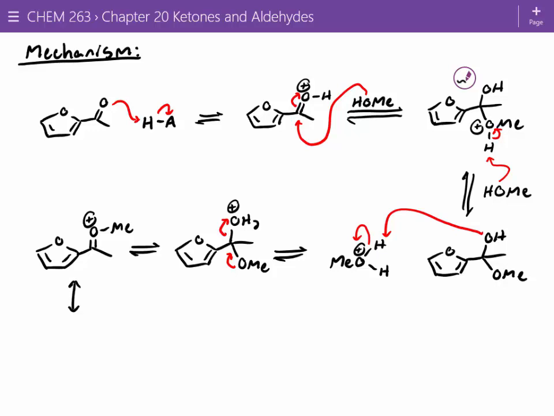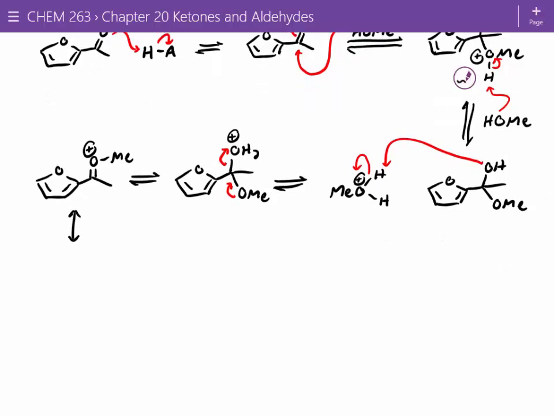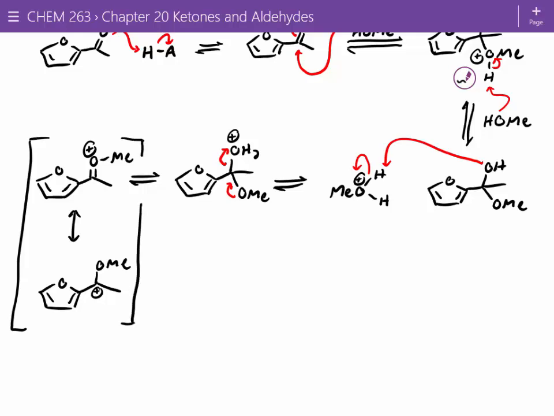And this looks unstable because you've got oxygen with a positive charge, but we know that it can delocalize. And this carbon can share that positive charge. So essentially we've regenerated a very good electrophile, right? And then water was our byproduct in this reaction.